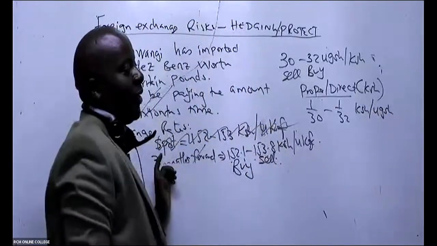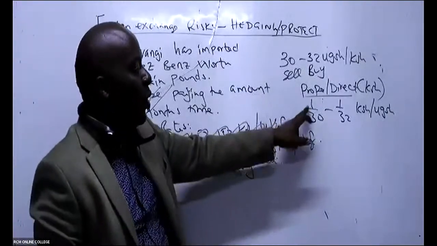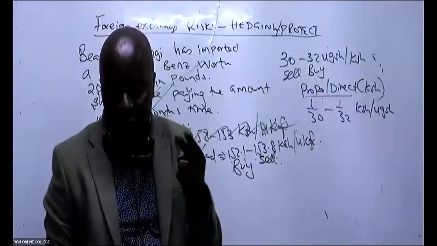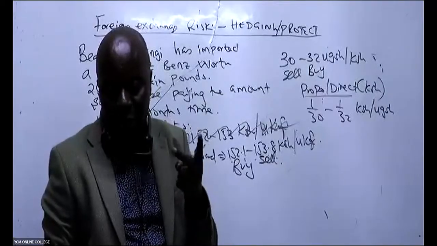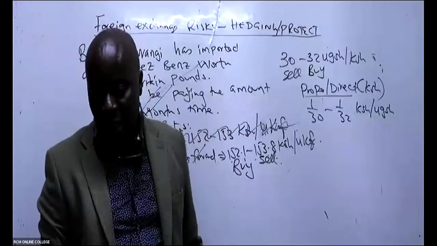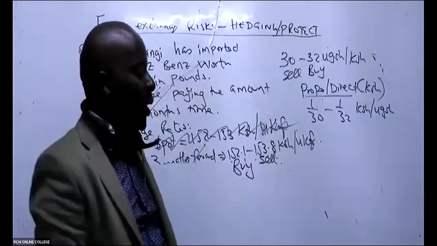So can somebody in this case give me this? What is 1/30 to 2 decimal places? It is 0.03, right?